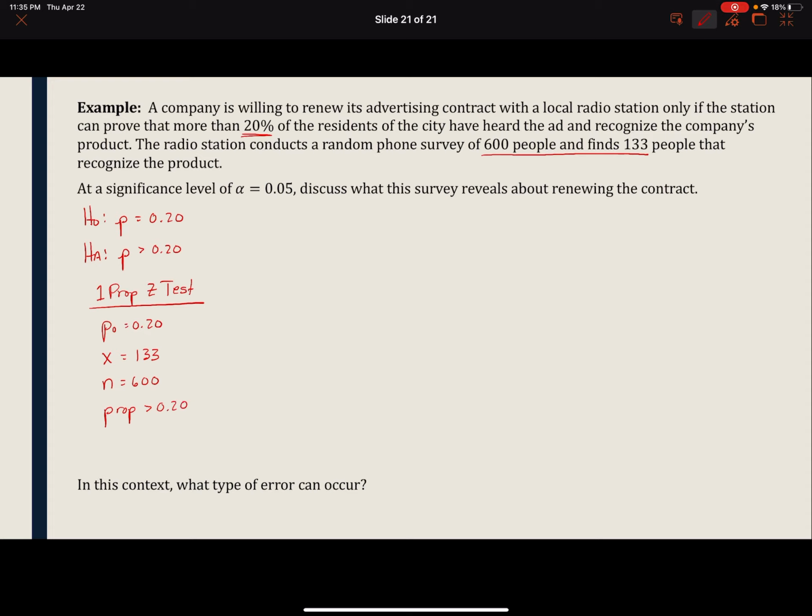And when you run this test, you'll get a Z-score of 1.327. So that's our test statistic, just above 1 standard deviation. That's not that unusual, so the probability of observing this is 0.0923.